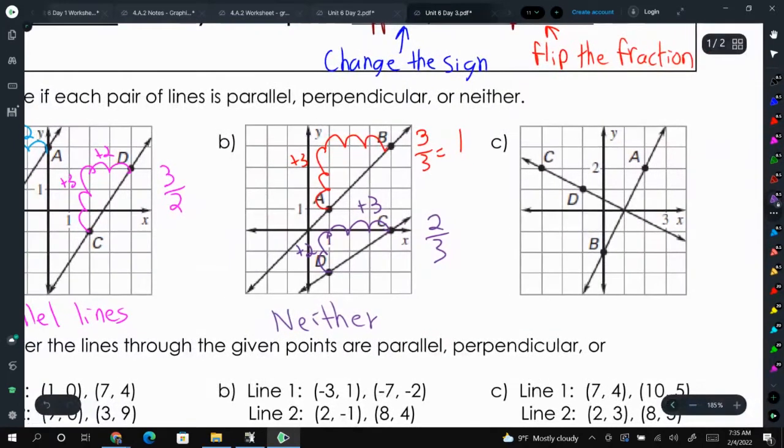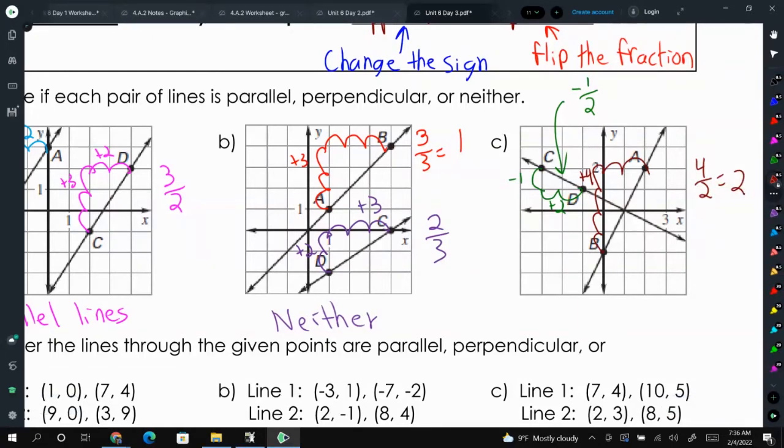Now we look at these two. I'm going down 1 and right 2. So this slope right here is negative 1 over 2. Slope for BA, we're going up 4 and right 2. Now again, 2 can be written as 2 over 1. You can look at either slope first.